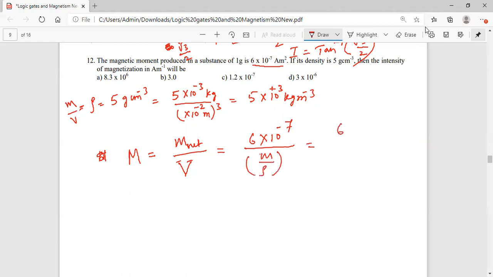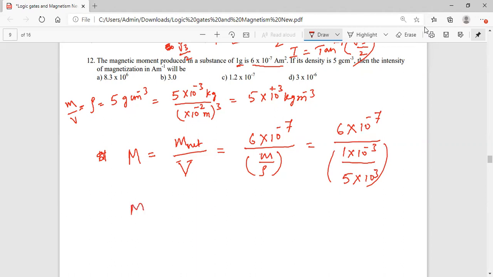Therefore, this is equal to 6 into 10 to the power of minus 7 divided by m. Mass is given as 1 gram, therefore 1 into 10 power minus 3 kg divided by rho, which is 5 into 10 power 3.